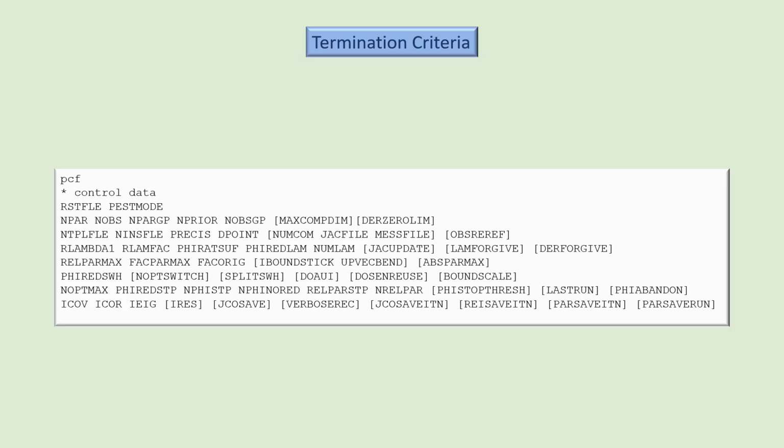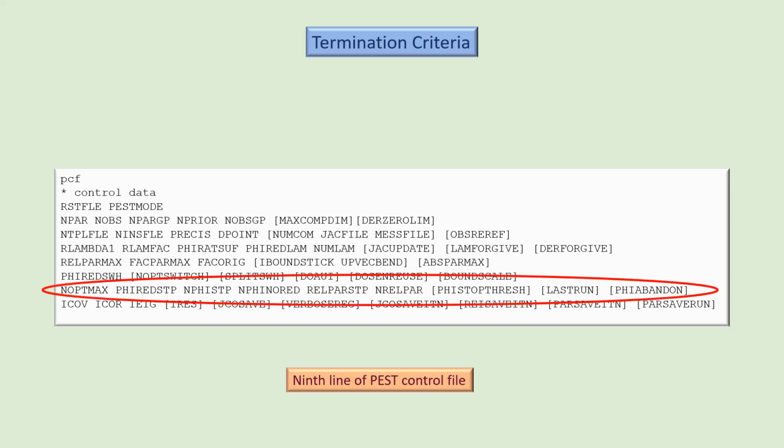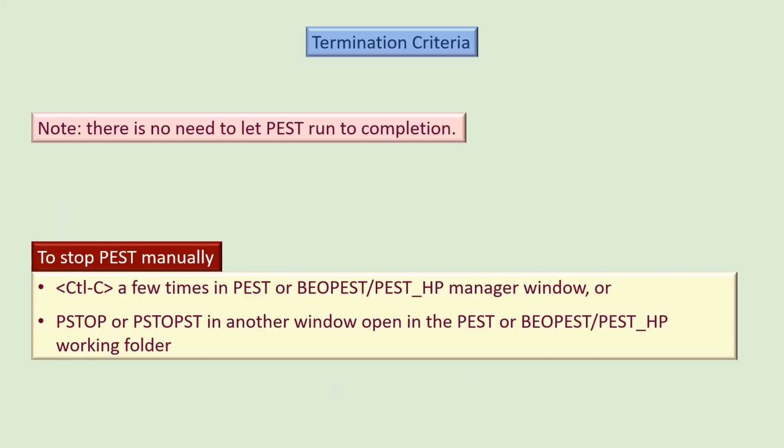The variables which govern when PEST stops, that is the termination criteria, are situated on the 9th line of the PEST control file. Some of them are mandatory, a few of them are optional. I'll always give fairly conservative settings to those variables, as I'll show you in a moment.